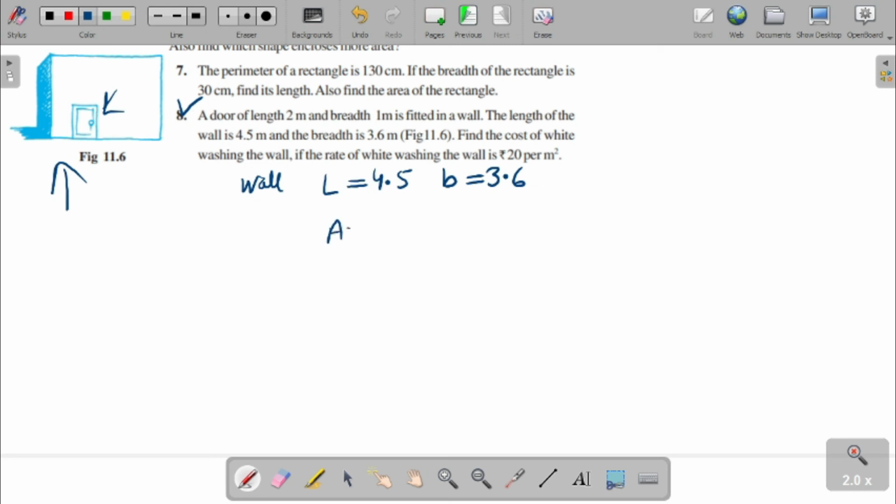So we will find the area, that is L into B, that is 4.5 into 3.6. In this case, it will come as 16.2.